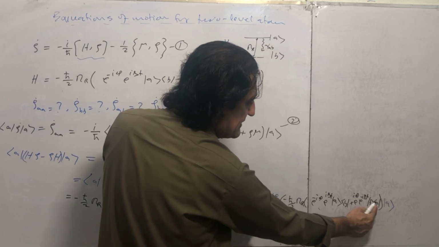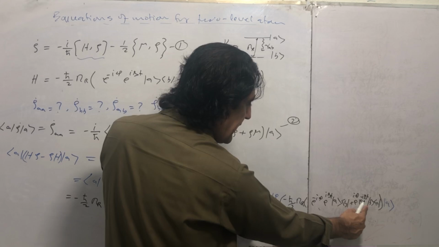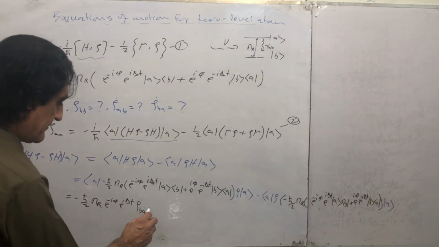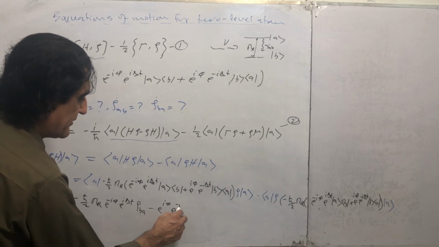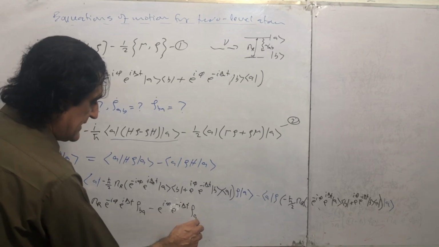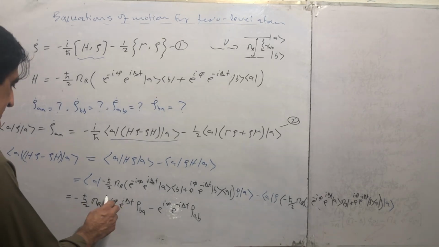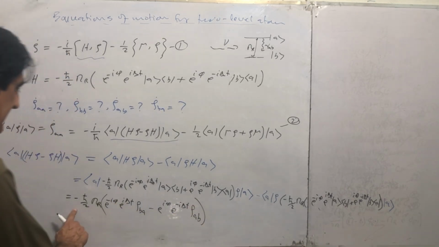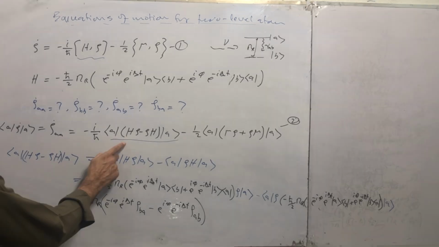And if we multiply this with this <A|, then it will be equal to 1, and we can have ρ_AB from this side, minus e to the power iφ, e to the power minus iΔt, and ρ_AB, and this term, minus ħ divided by 2, is common in both cases. Equation number 2.